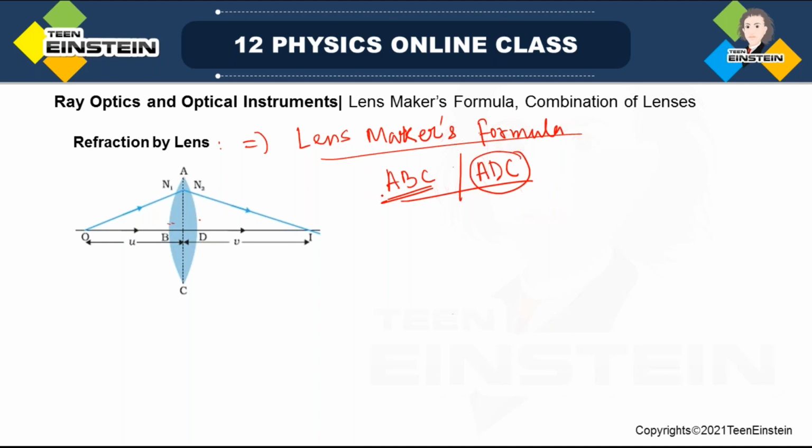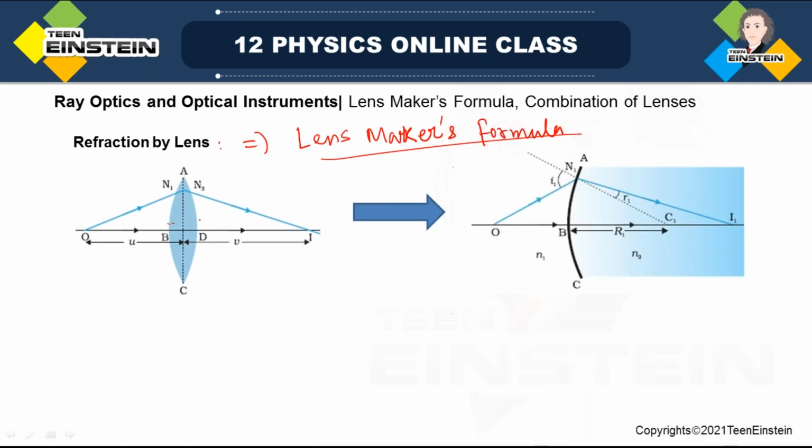So image formation by lens can be thought of as a two-step process. What is the first step? You have the ABC surface. First, light will come and refract at this ABC interface, and it will create a real image at this particular point.